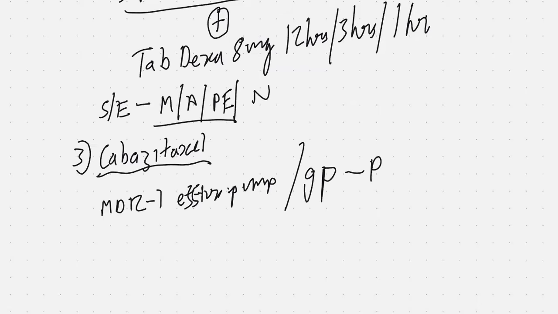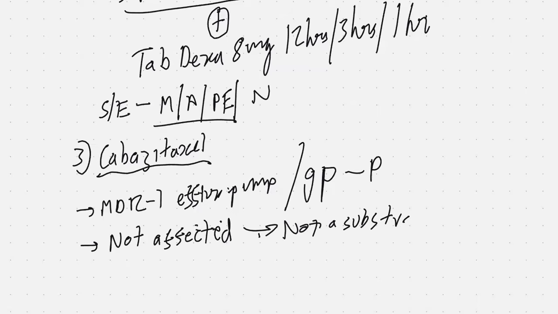Now, cabazitaxel can be given post docetaxel in the metastatic castrate-resistant prostate cancer setting. Why can it be given? Because this cabazitaxel is not affected by this resistance mechanism. It's not a substrate for the MDR1 efflux pump.